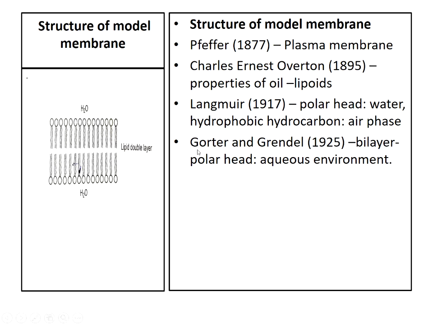Next, Gorter and Grendel in 1925 observed and formulated that two lipid layers form a bilayer with the polar head group towards the aqueous environment. This is the model proposed by Gorter and Grendel. In the diagram, you can see the bilayer of lipid with the polar heads facing towards the aqueous environment.